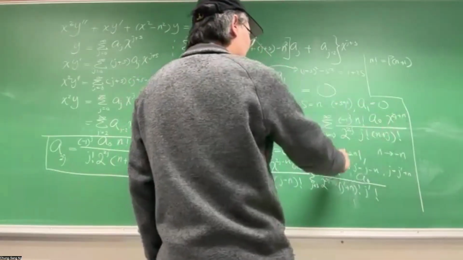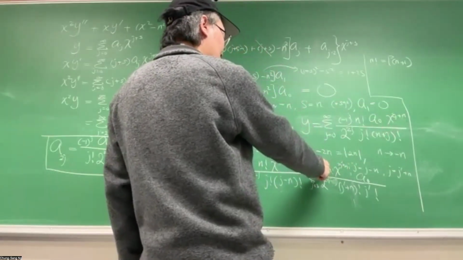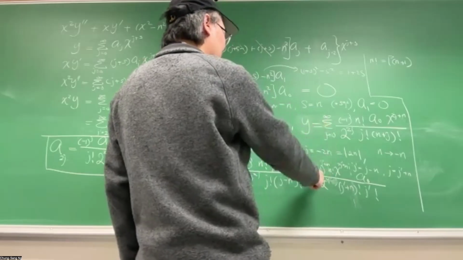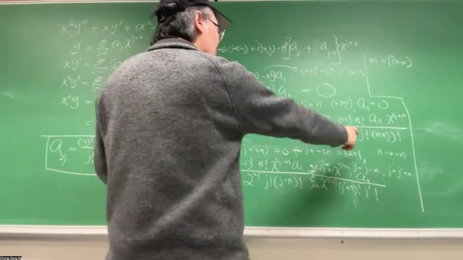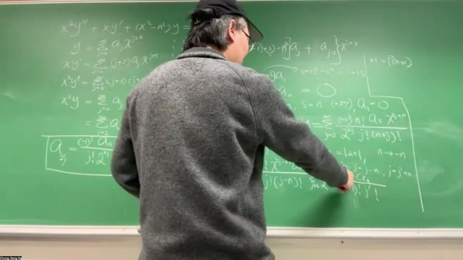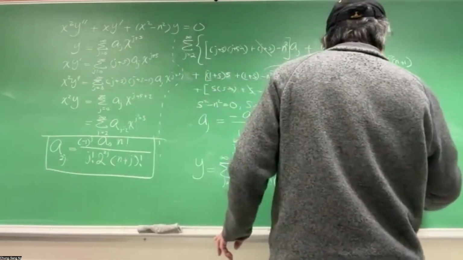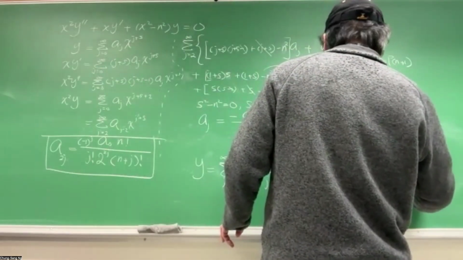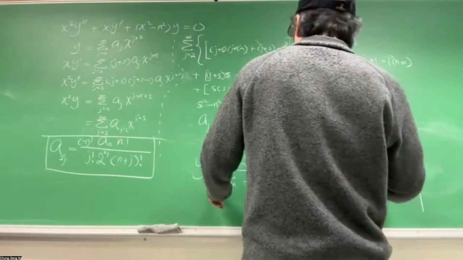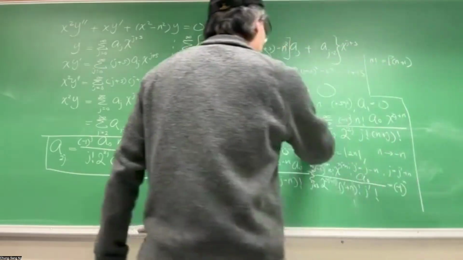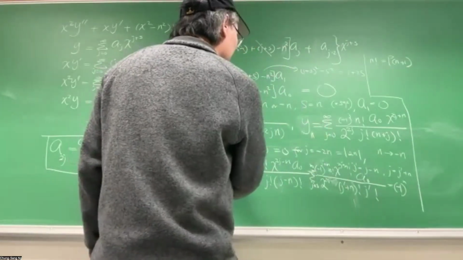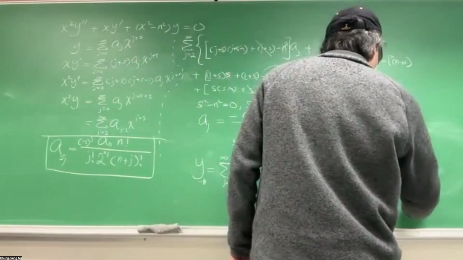The only thing that changes is this minus 1 to the n. Otherwise, it's the same as that one. So if you choose this a sub 0 to be the same as that a sub 0, this becomes minus 1 to the n times y. If we call it y sub n, this is y sub minus n, and this is y sub n.